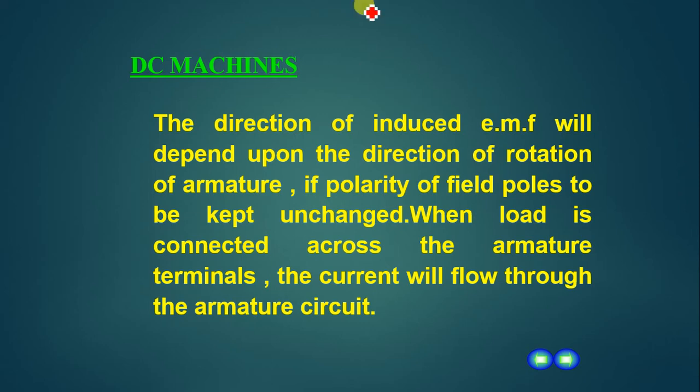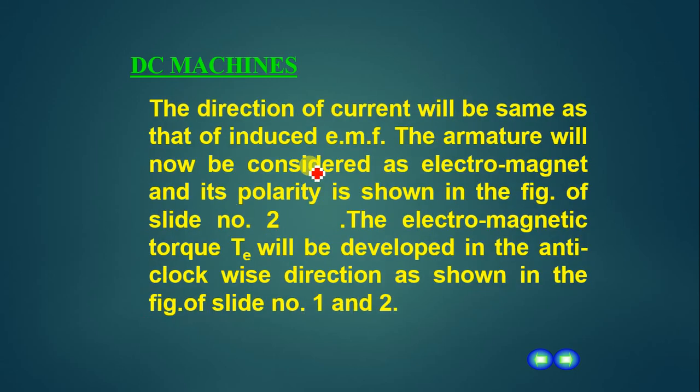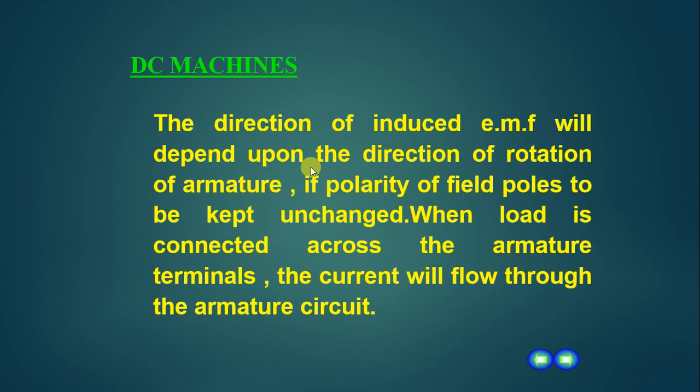If you have two carbon brushes kept as shown here, and it is rotated clockwise, you will get positive, negative. If you are rotating counterclockwise, you have negative and positive. So the polarity will change based on the rotation only.